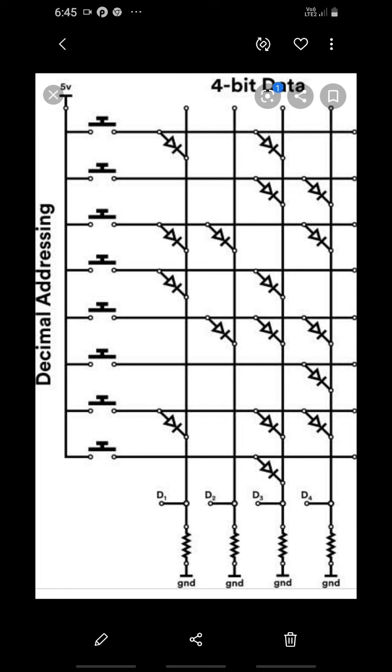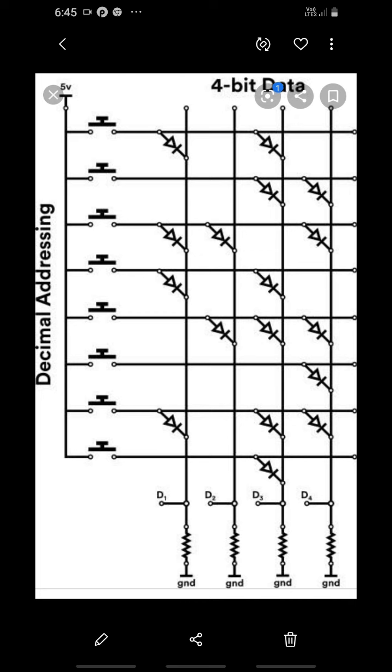And next, during the second switch, R1 is equal to D1 is 0, D2 is 0, and D3 and D4 are 1 1.